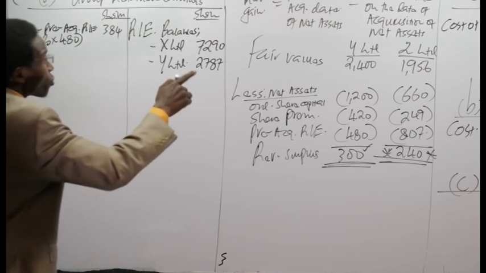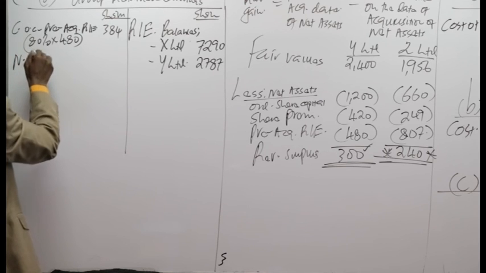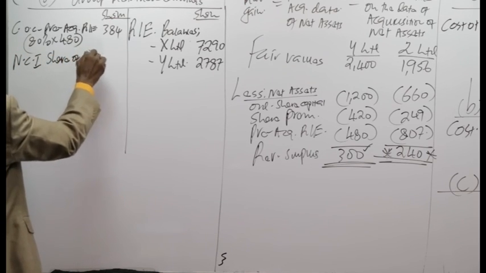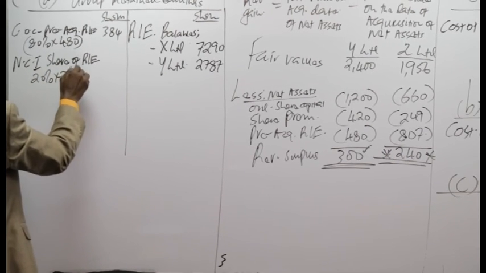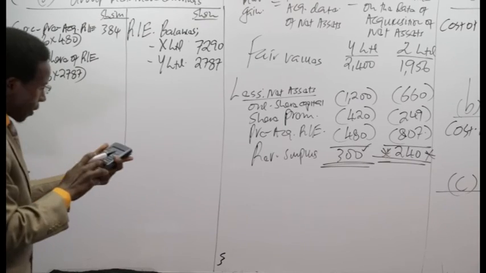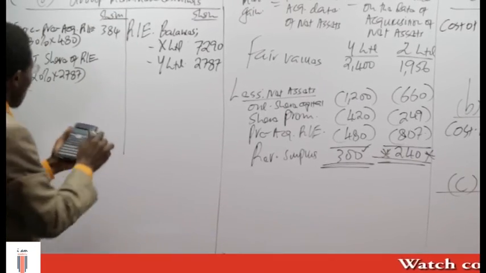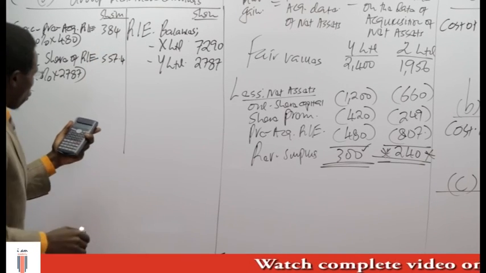Then, out of the total 2787, there is the NCI share of retained earnings. NCI share of retained earnings is simply the 20% of 2787. So how much does it come to? 20% of 2787 is 557.4. Confirm that.